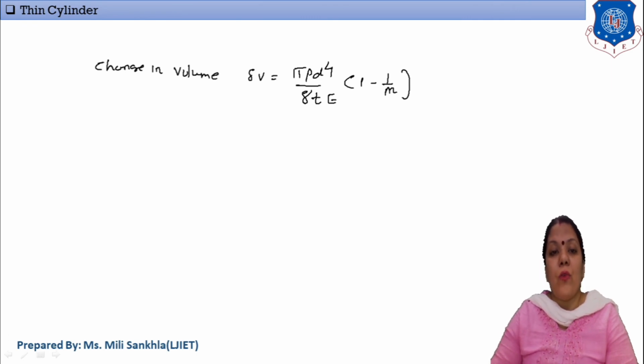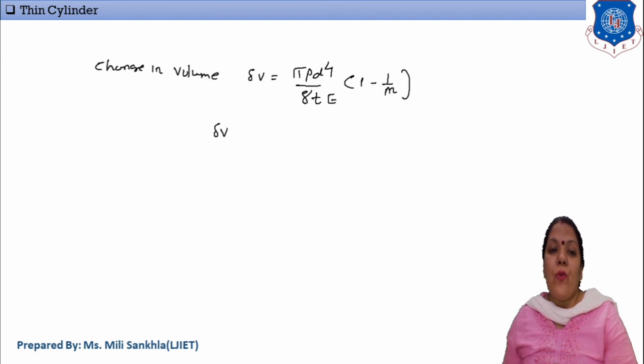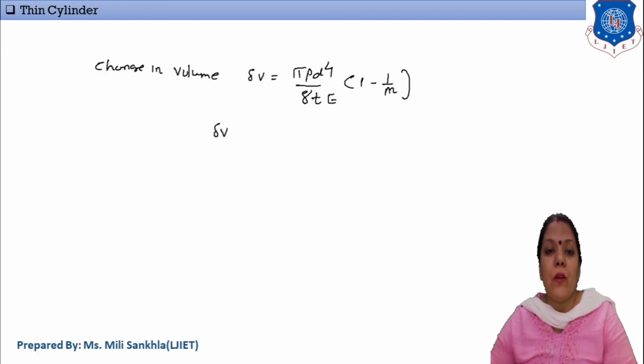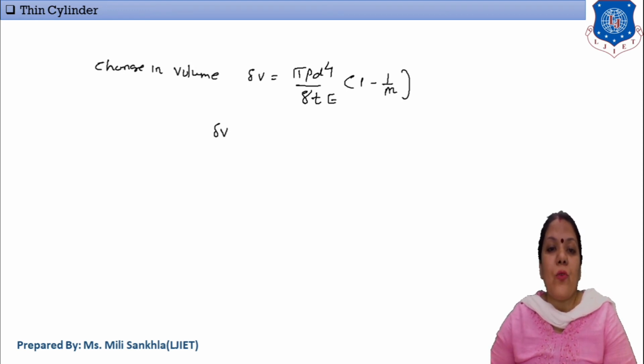Okay, now del V is equal to, here our value of P is equal to 1.5 and T is equal to 8. Okay, value of P, write down.